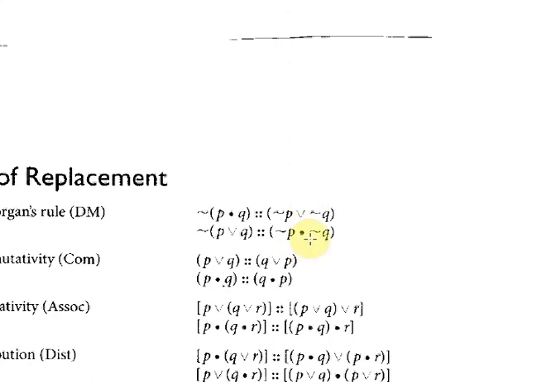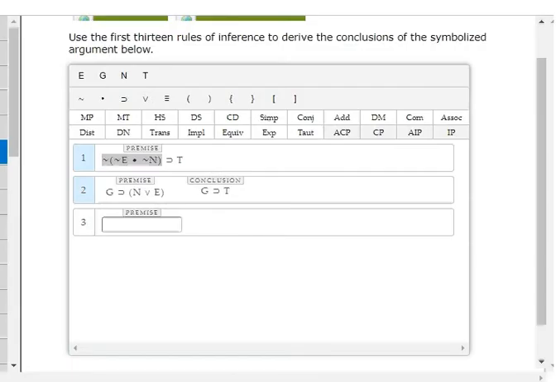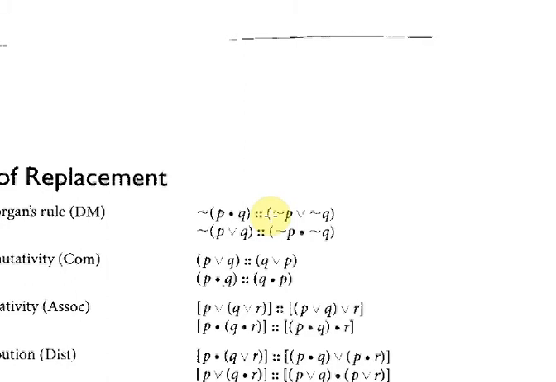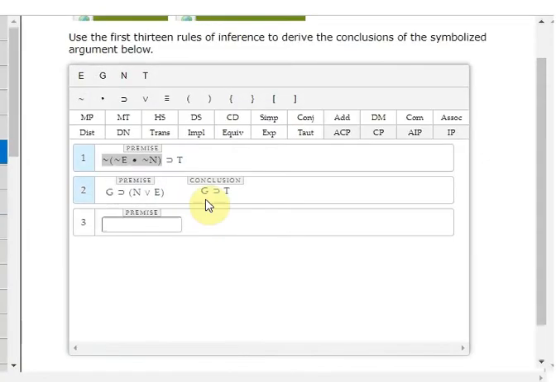We have the tilde outside of the parentheses, and then a conjunction inside. So this is this variation here, and that allows us to convert it to not P or not Q. So we're changing it to a disjunction. That's exactly what we can do here.